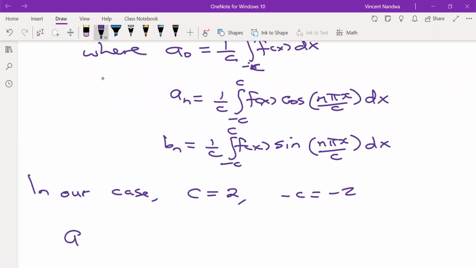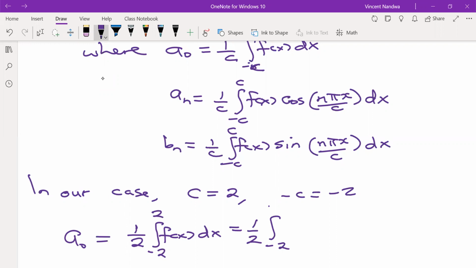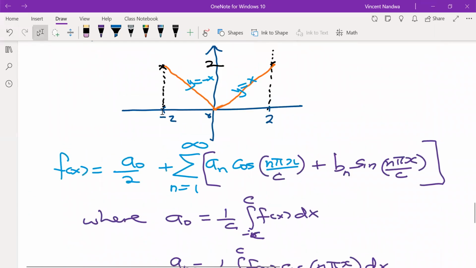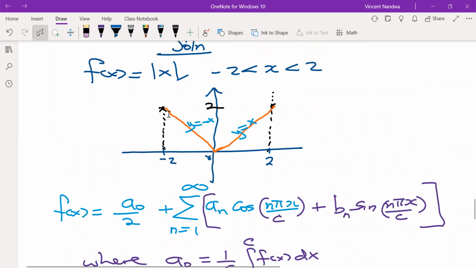So a naught would be given by 1 over c, so 1 over 2 integral from -2 to 2 of f of x dx, which is the same as 1 over 2 integral from -2 to 2 of absolute value of x dx. That's our function f of x. But remember, the absolute value function has two parts.